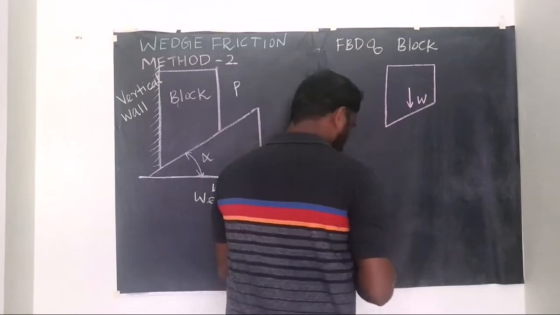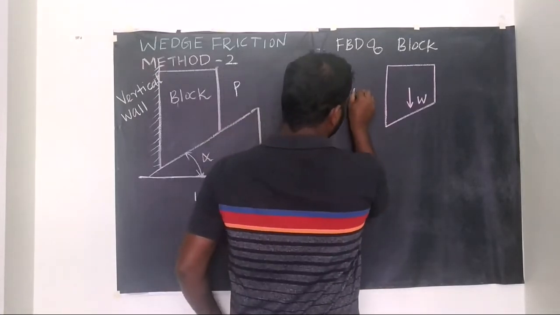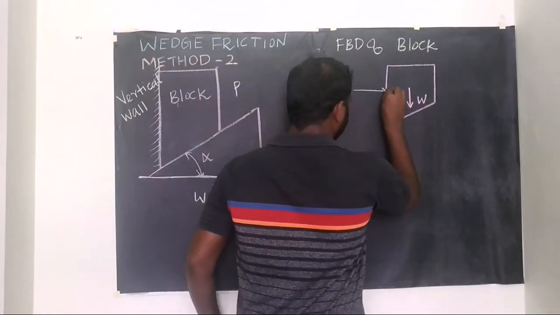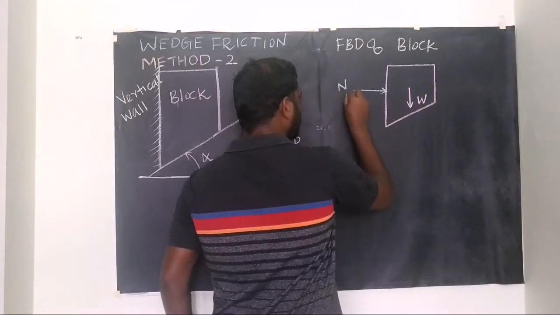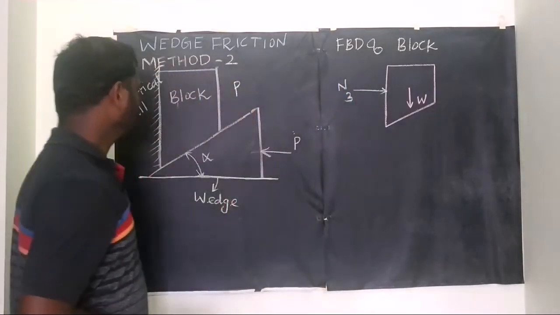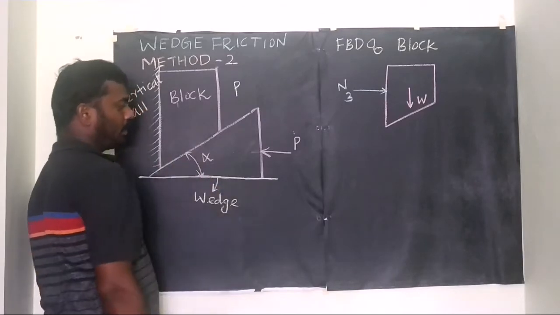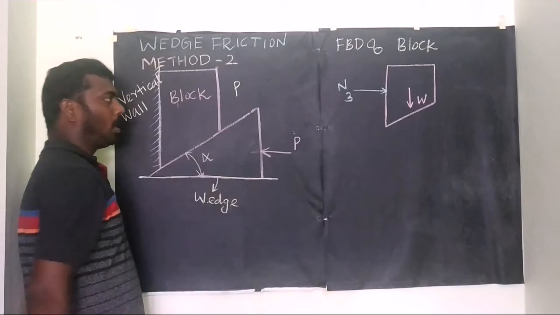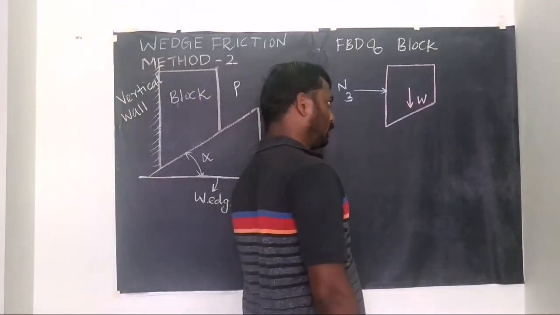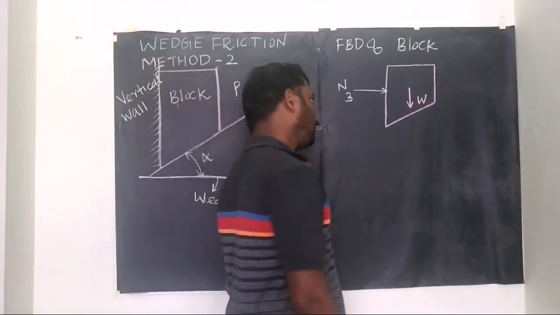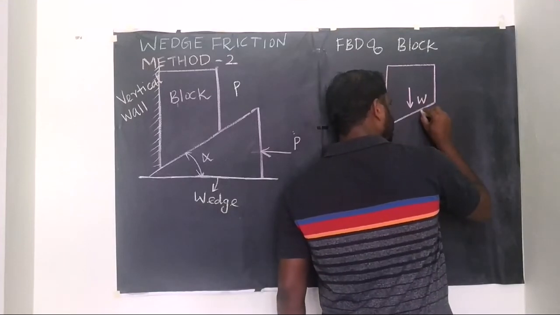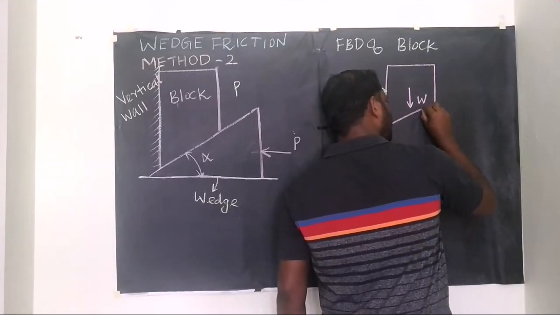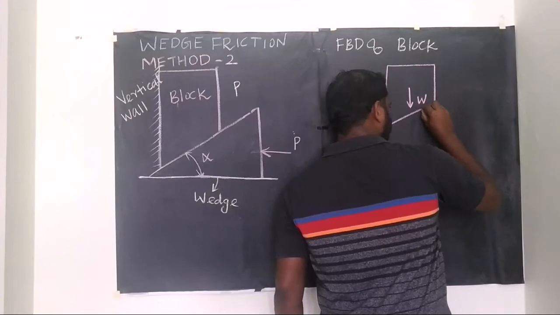So this is my normal reaction force N3. Then this inclined plane exerts some normal reaction force on this heavy block. That should be mentioned on the free body diagram.